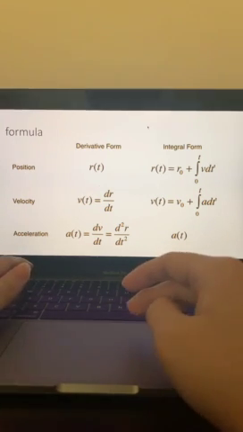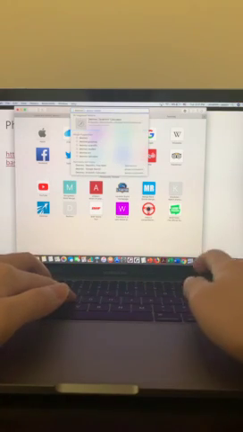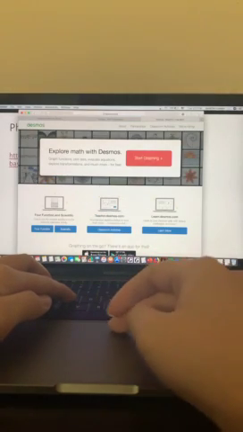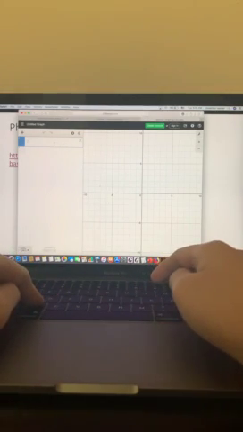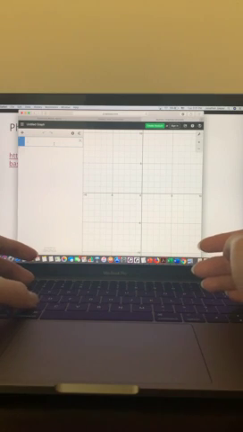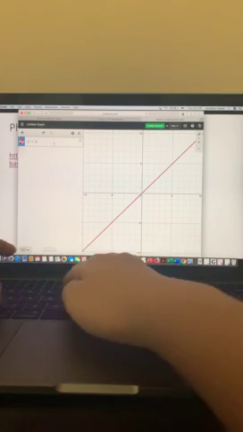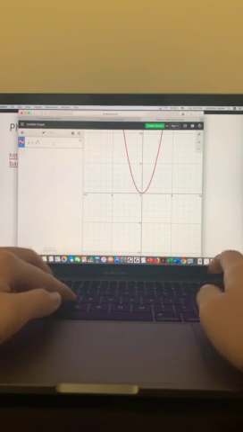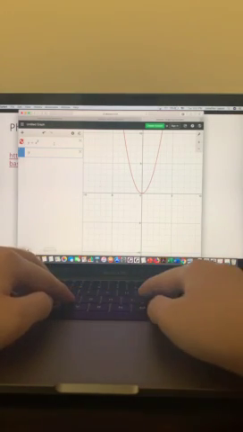Maybe there's more. We could also use Desmos to prove the derivative side, I believe. Let's just say the equation for the distance, or position, is y equals x squared plus 1, or just x squared, then the velocity must be 2x, right?